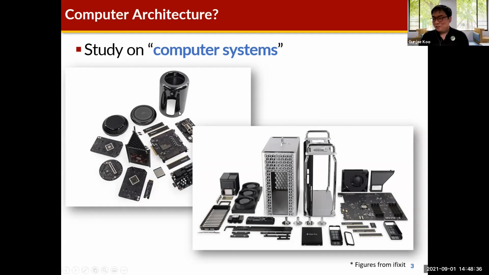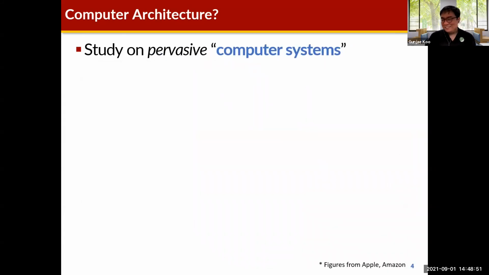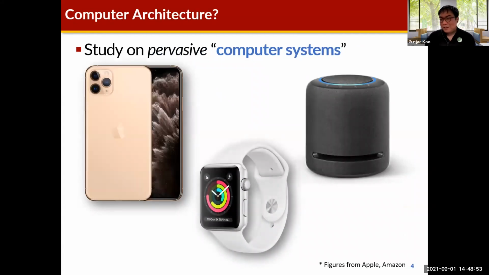It's weird looking, but it's fancier than the old generation computer system. Everyone wants to have these fancier computers. And recently everyone uses the smartphone, and sometimes we use smartwatches or smart speakers. So these are also computer systems.